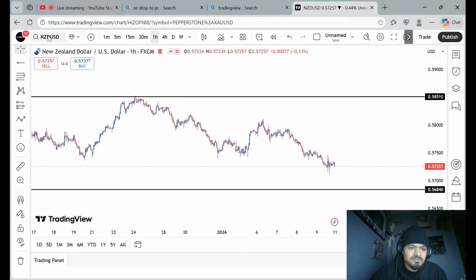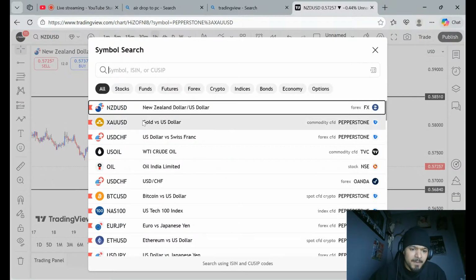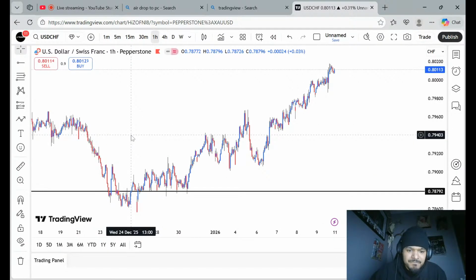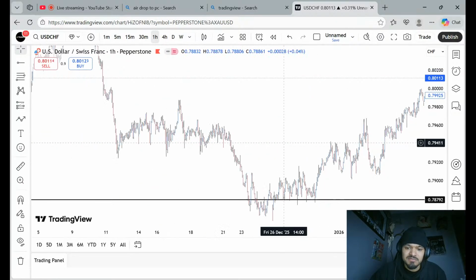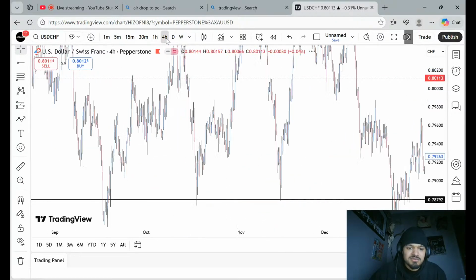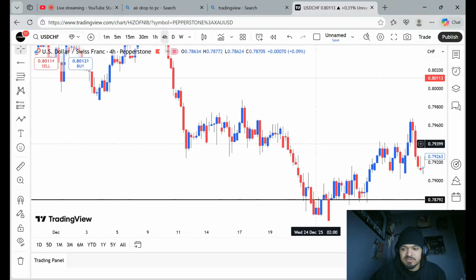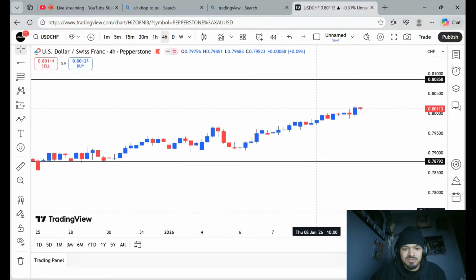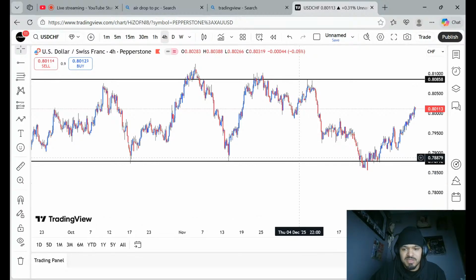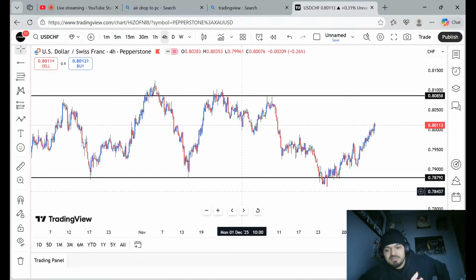Let me see. I think there was another one. Yeah, this is the one that I was looking at a while back and I completely forgot about it. Let's go on a higher time frame. I wish I was paying attention, but hey, it happens. This was a super easy trade.